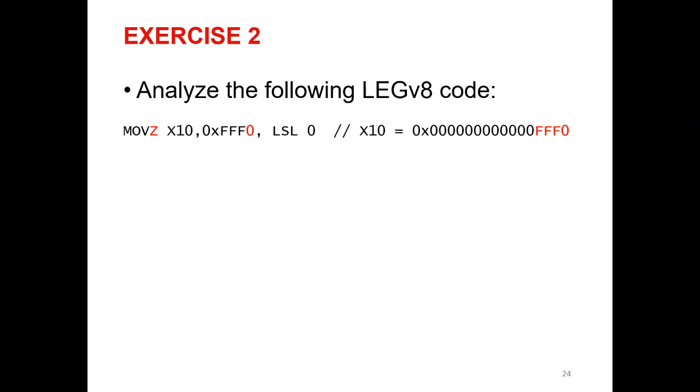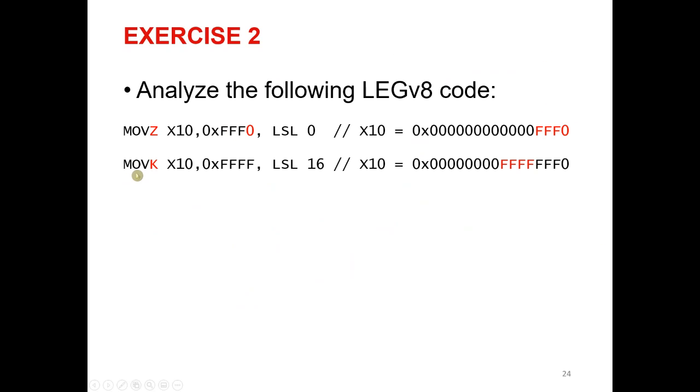Let's analyze the code line by line. So first of all, we are using this mov 0 instruction that we saw yesterday, which is just modifying the first quarter of the register with this hexadecimal value we have here. Then we are using the mov, but keeping the rest of the bits.